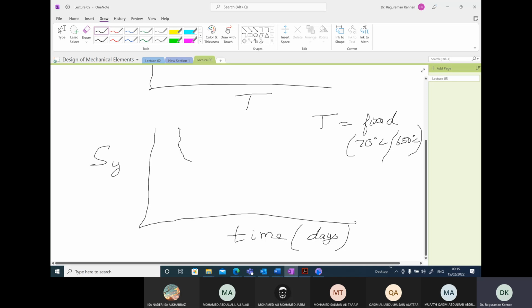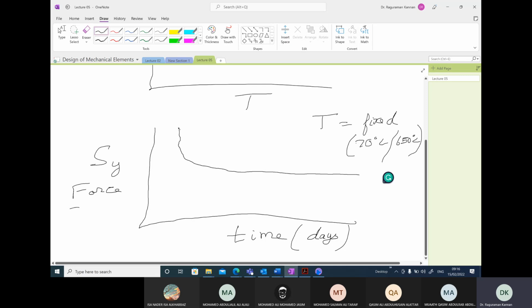And if you see, the yield strength of the material will go down over the period of time. So under the same load, now here we are assuming there is no chemical deterioration of the material, no corrosion of the material, but just by application of the force, a constant load.